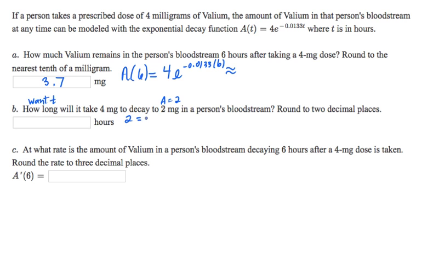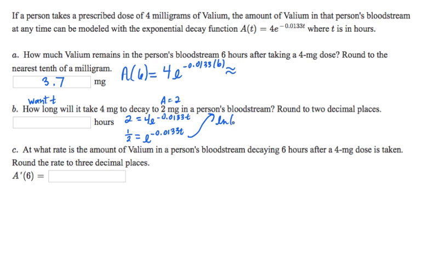We're asking when does 2 equal 4 times e to the negative 0.0133 t. So if we divide both sides by 4 to get that constant out of the way, then we have 2 over 4, or 1/2, equals e to the negative 0.0133 t. And we need to solve for t. So to solve, we need to take the natural logarithm of both sides of that equation.